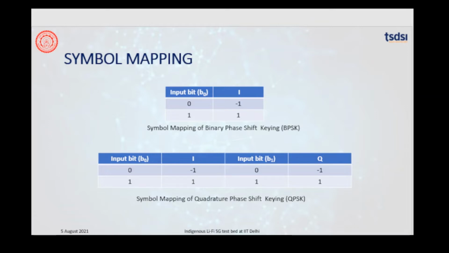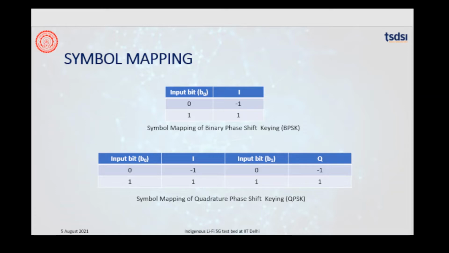In case of BPSK, there are two symbols, so one bit is required. So the bit B0 will be either 0 or 1. The bit 0 will be mapped to -1, and the bit 1 will be mapped to +1. In the QPSK modulation scheme, there are 4 possible symbols.